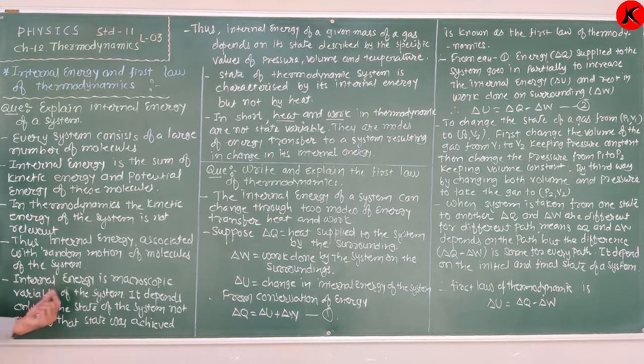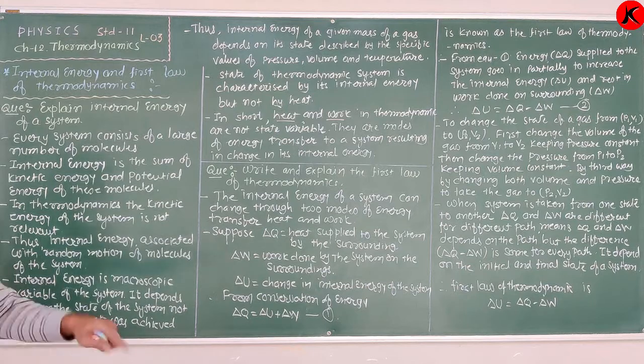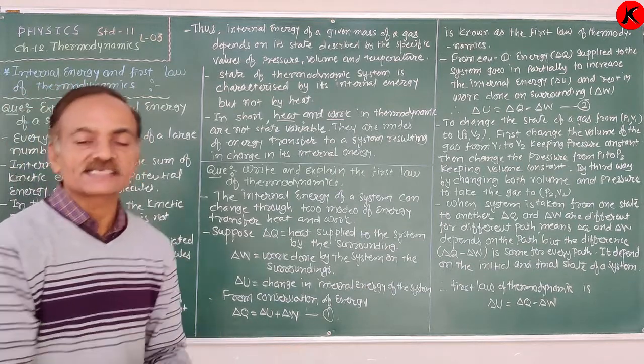Again, the internal energy is a macroscopic variable of the system. It depends only on the state of the system. It does not depend on how the state was achieved, how the system came into its present state.